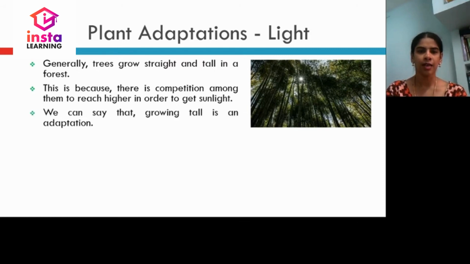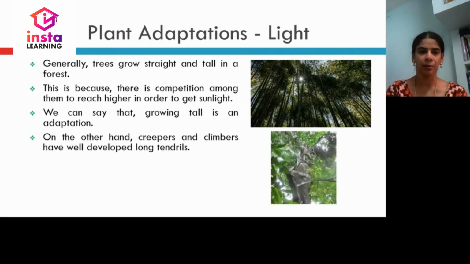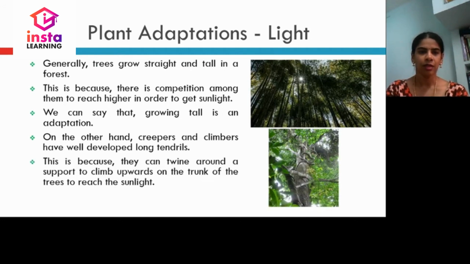We can say that growing tall is an adaptation to obtain light. On the other hand, small plants such as creepers and climbers have well developed long tendrils. This is because they can twine around a support to climb upwards on the trunk of the trees to reach the sunlight.